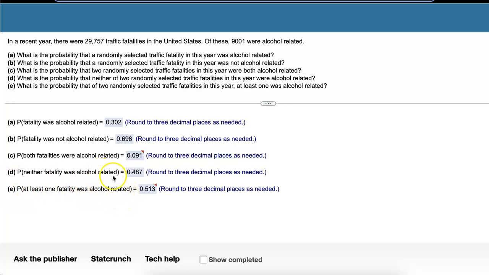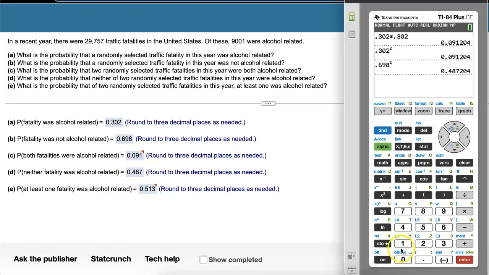Those 2 are complements of each other. So I'm going to use that fact to say 1 minus the probability that we had here in part D to get the probability that we're looking for here in part E.